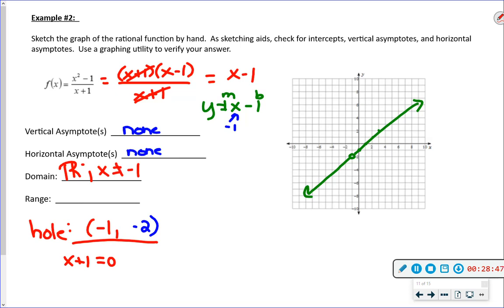You can use anything for y except -2, where the hole is. Got it. Okay. And of course, you might be asked, the next problem is going to ask us x-intercept. Well, don't sweat it. It's right there at 1, 0. Y-intercept 0, -1. Don't sweat it. We'll get a lot of that stuff right off the graph.